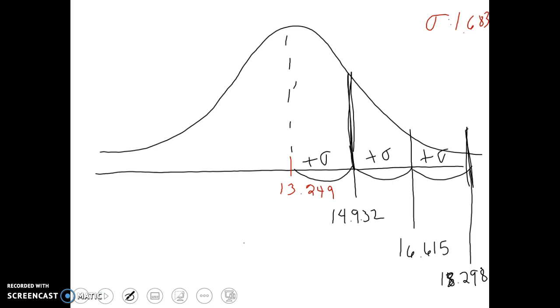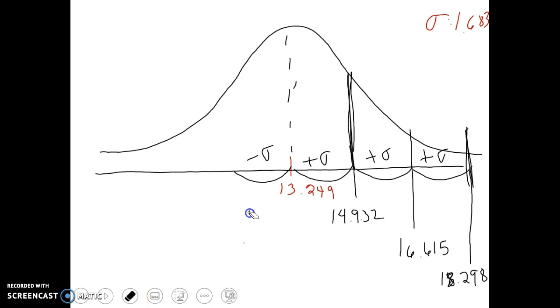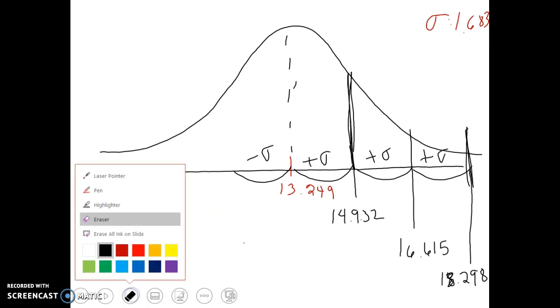Now, we also have to go the opposite way because it's within so many standard deviations each way. So we need to go down a standard deviation from your 13.249.